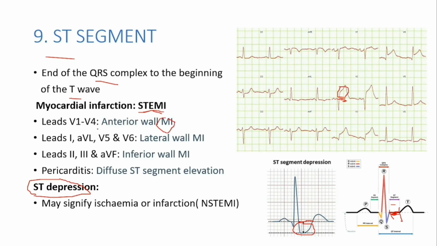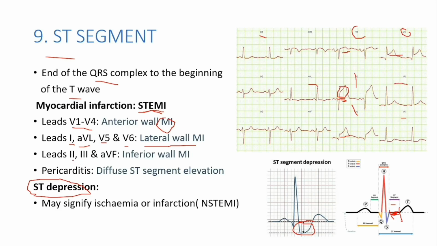If this ST segment elevation is seen in leads 1 to 4, like here it is anterior MI, 1, 2, 3, here also elevated, so it is anterior MI. If this is seen in leads 1, aVL, V5, V6, it will be called lateral MI. Like this is V1, this is aVL, this is V5, V6.